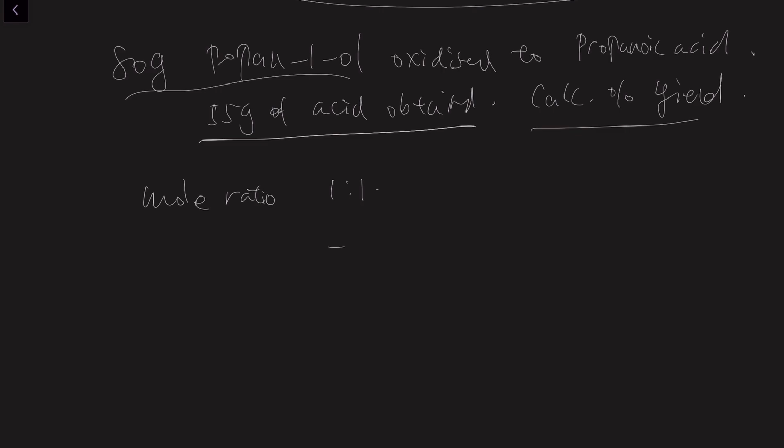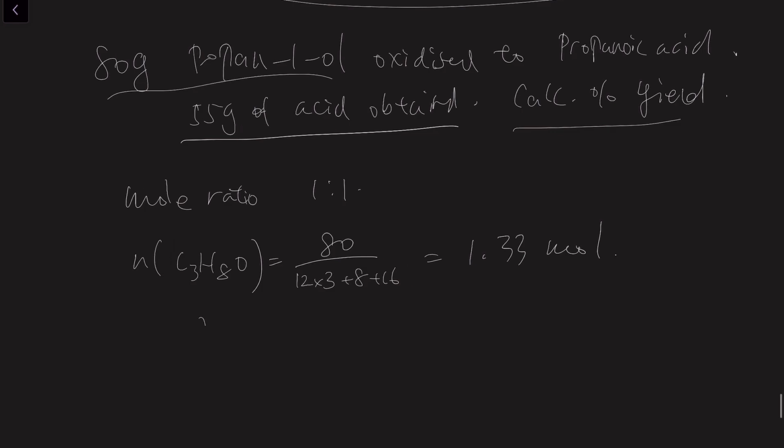So first, we want to know the theoretical yield. So to answer this, we need the molar mass of the alcohol. So we have 80 grams of alcohol, and the molar mass is 12 times 3 plus 8 plus 16. So theoretically, you have 1.33 mole of alcohol present, and so you should also get 1.33 mole of acid. So this is in theory.